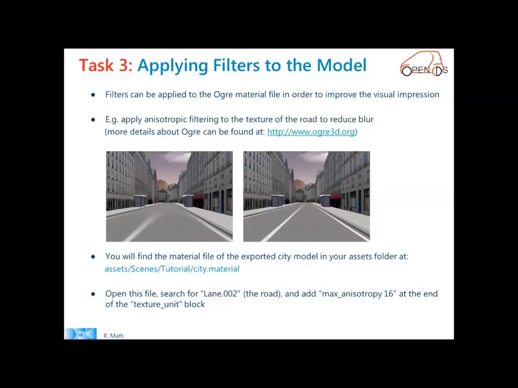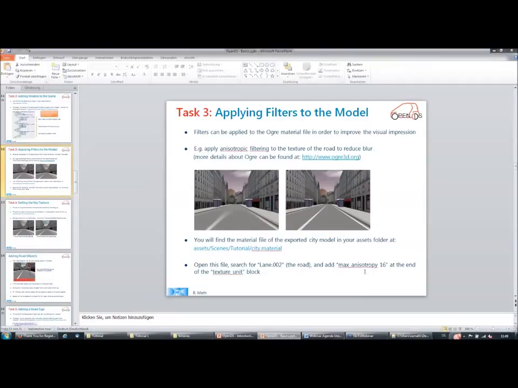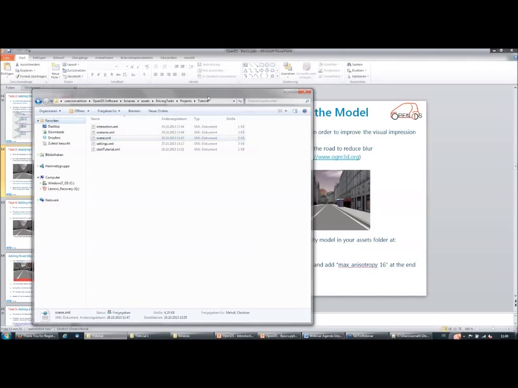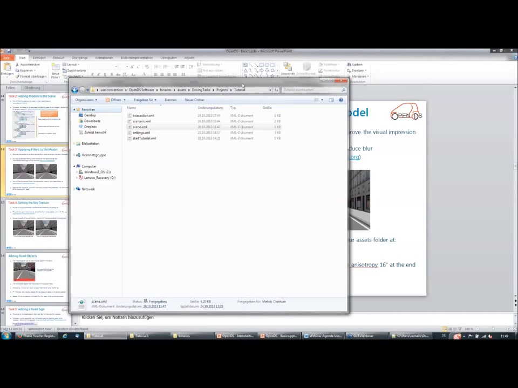And using the example of anisotropic filtering, I'll show you how to remove these blurry effects. So I do this, and you may follow me if you like. First of all, we can do this together, as this is not a big deal.